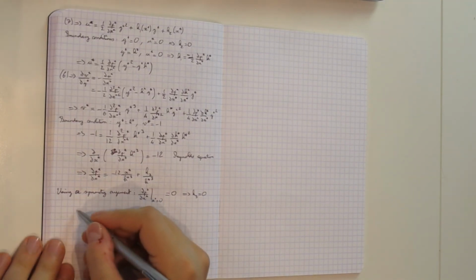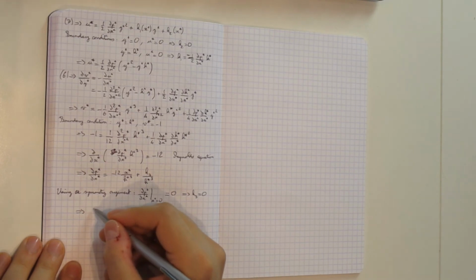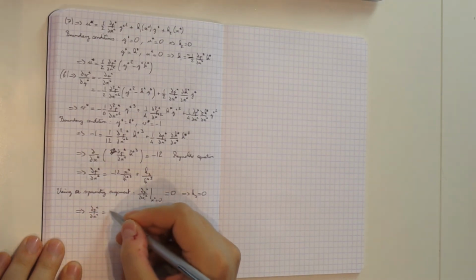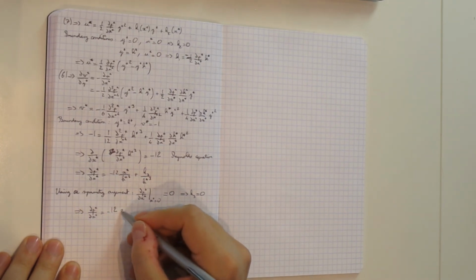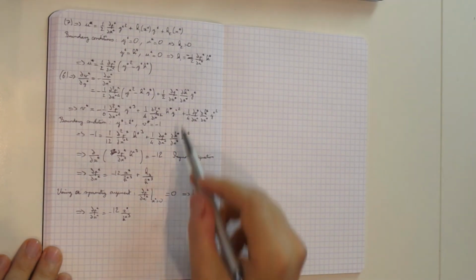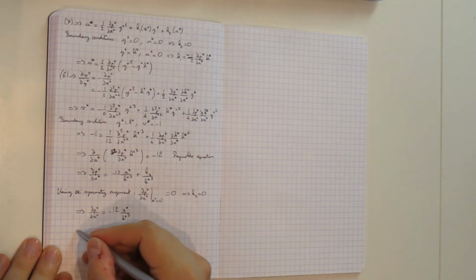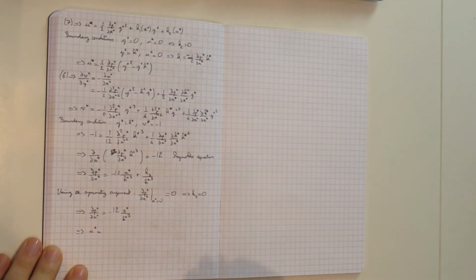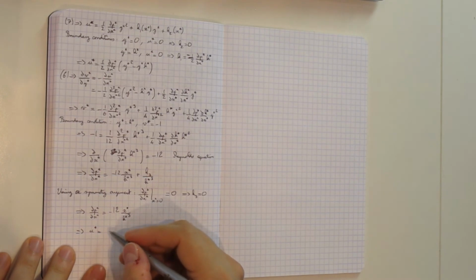Okay, so as a result, we get that dp star over dx star is minus 12 x star over h star cubed. And therefore we can replace this in the equation for u to determine the fully expressed horizontal velocity in this problem.